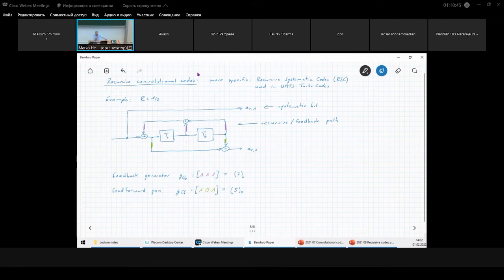So at time step r, this will be the input value. Now notice what we get in the states now is not just the delayed bits of the input. So here we will not have u(r minus 1).